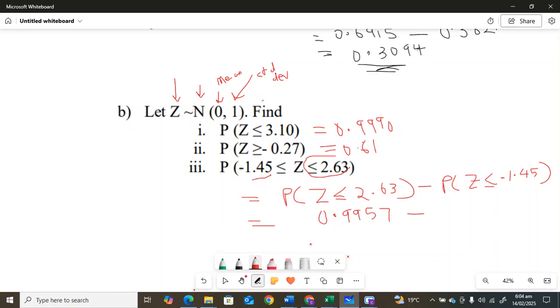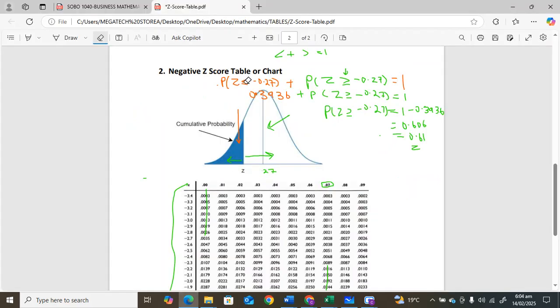Since it's negative, we go to the negative table. Have you seen the negative part?